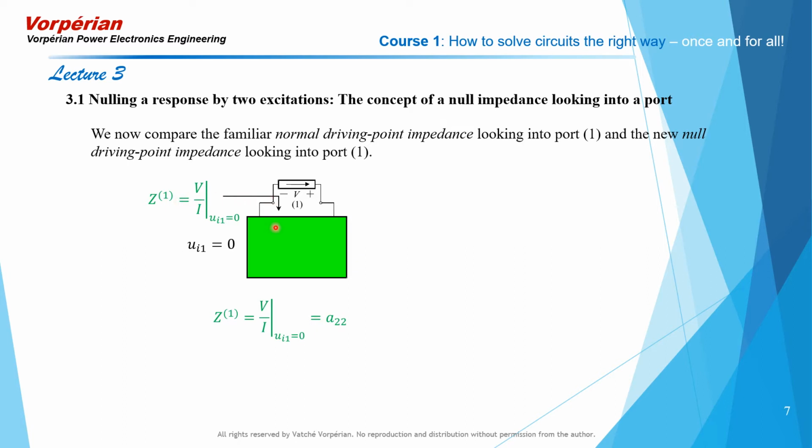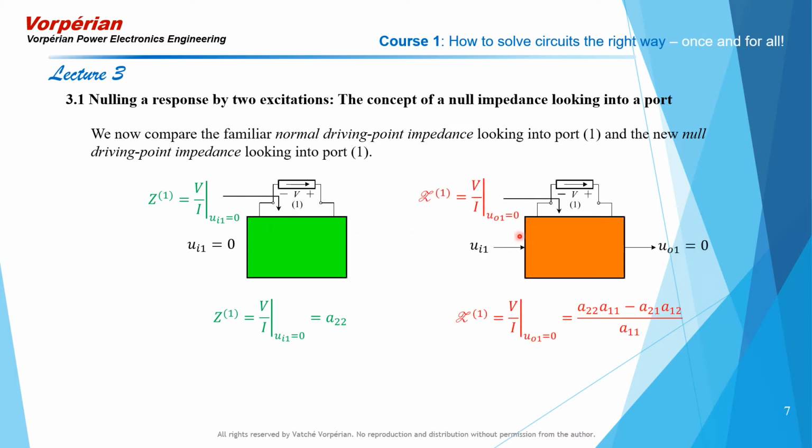And it's unique. There's only one ordinary, or normal, driving point impedance looking into port 1. When you compare this to the null driving point impedance looking into port 1, you realize that this depends on which response in the network you set equal to 0.